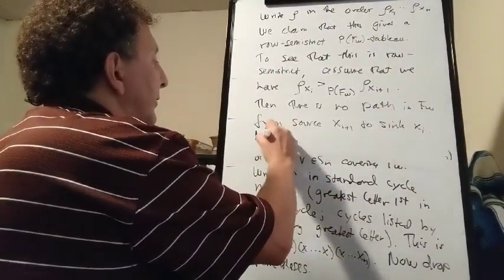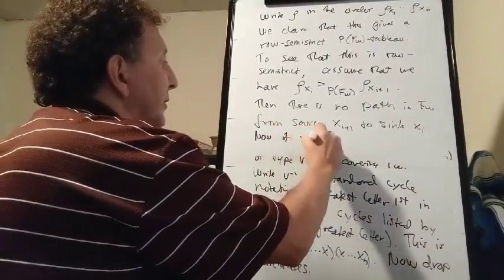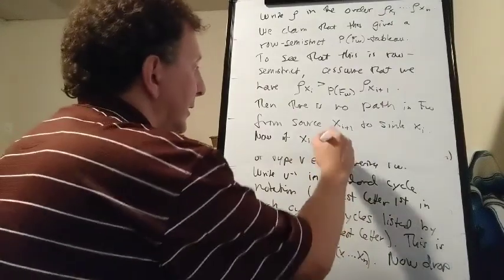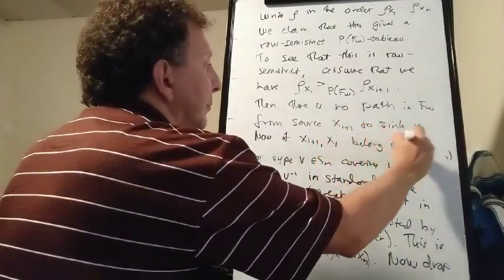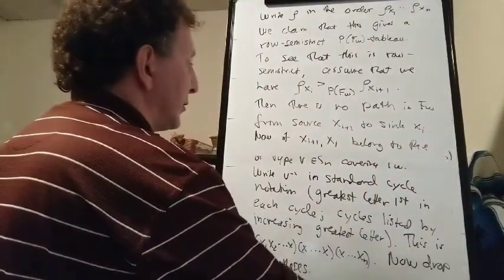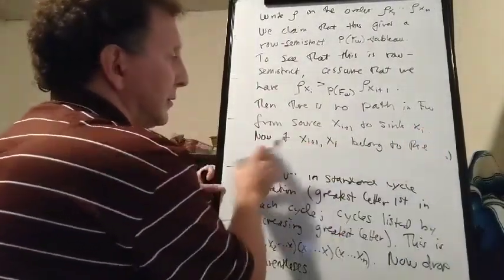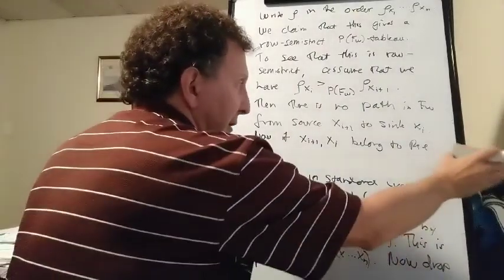Now, if xi plus 1 and xi belong to the same cycle of v inverse, they would also belong to the same cycle of v.